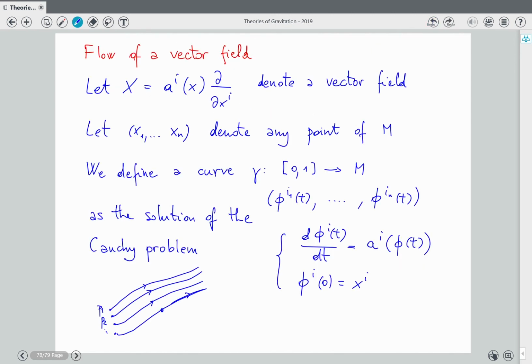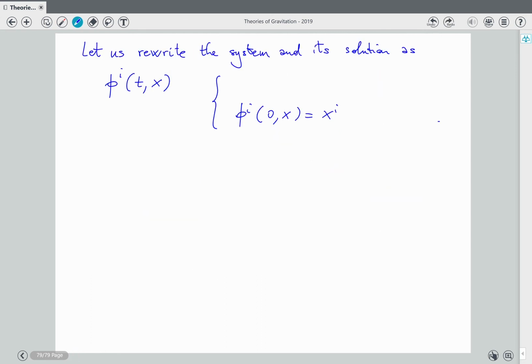The only difference is that now the derivative with respect to t is taken at given initial conditions, so it's a partial derivative with respect to t, and that is equal to a_i(phi(t, x)).